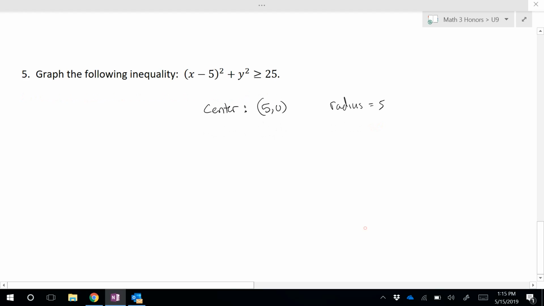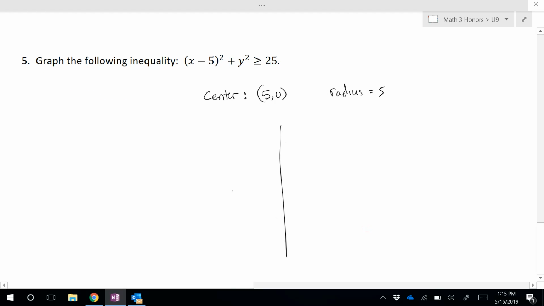Okay. So I start with my x and y axes, find the center. There it is. And then from the center, I'm going to go up 5, down 5, left 5, right 5, and then mark out those points.